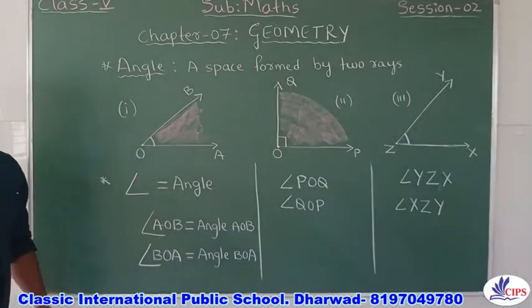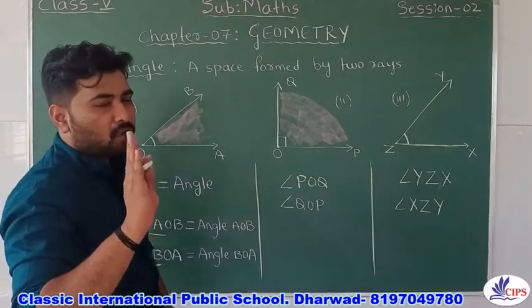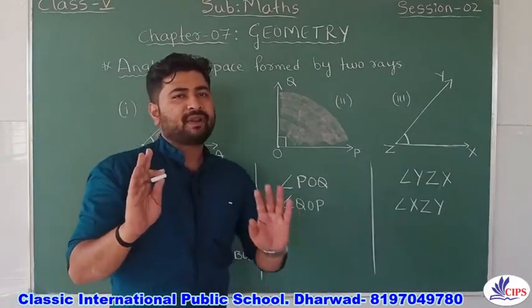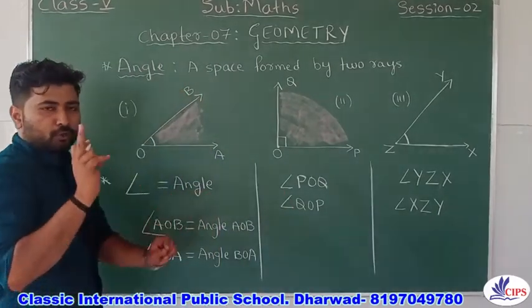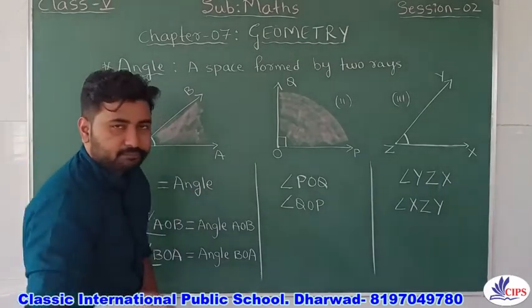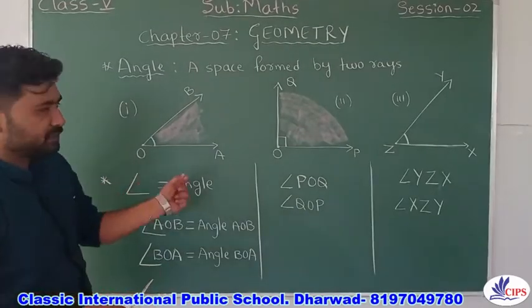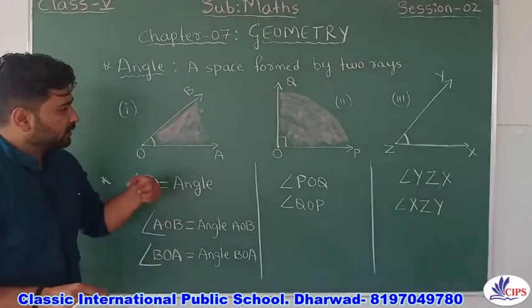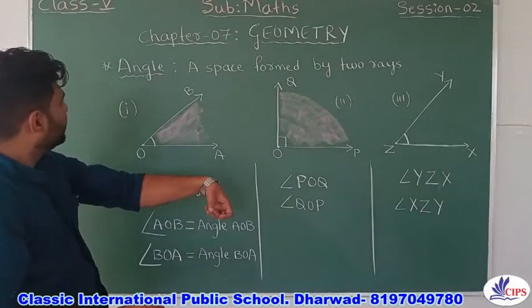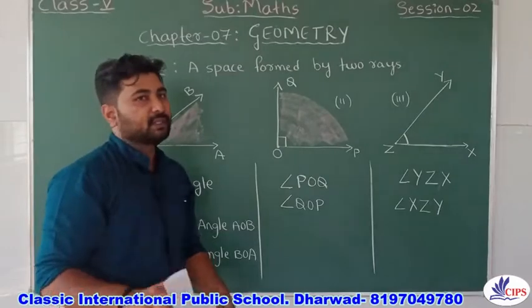Before you note it down, remember you are not going to draw any diagram freehand. You must use your scale to draw these diagrams. Now I haven't used it. I'm going to use it in the next topic, that is types of angles, and I'm going to show you how to use it.